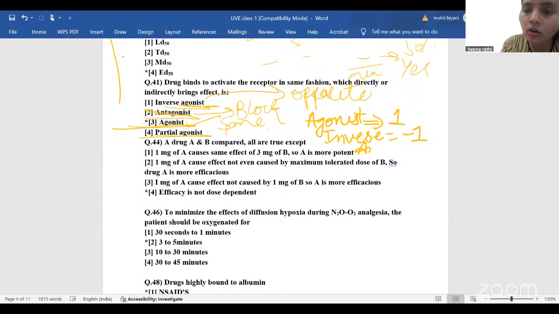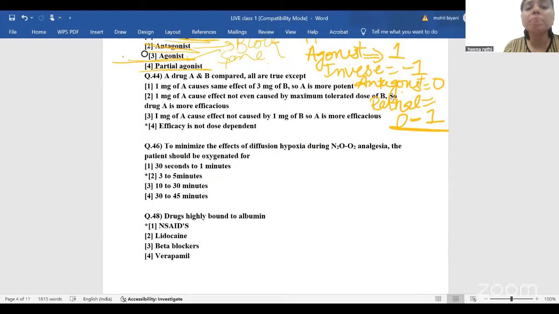Then the antagonist is not going to have any effect. It is just blocking the effect of the agonist. If the agonist was producing one effect, it is going to produce 0 effect. Then there is the partial agonist. Partial means in between. It is less than the agonist but more than the antagonist. It means the effect will be between 0 and 1.